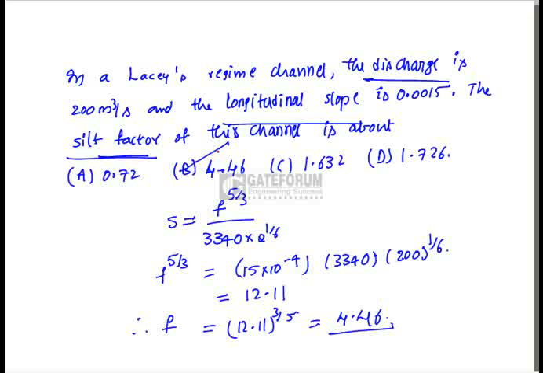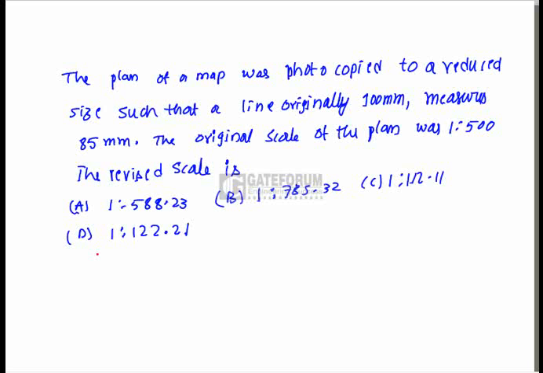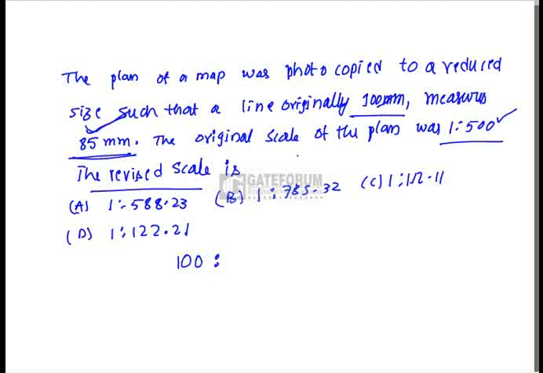Therefore, answer is B. This problem is saying that a line originally 100 mm was measured to be 85 mm. That means it is reduced from 100 mm to 85 mm. The original scale of the plan was 1 is to 500. We have to find out the revised scale for 85 mm. The 100 we convert into 1 is to 500, that is 1 by 500 into 100.